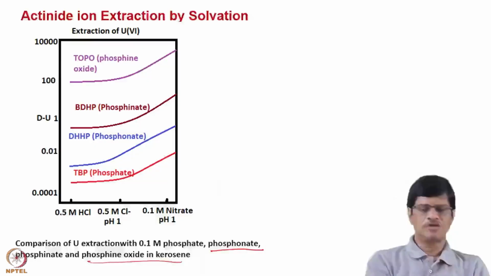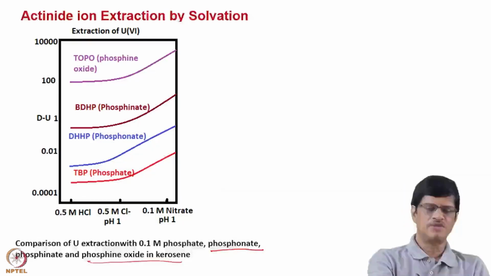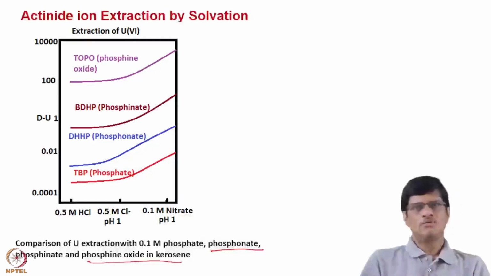But we are also studying these extraction studies at a much lower concentration of nitrate, that is 0.1 molar nitrate. That is why the extraction of uranium is very low with nitrate and TBP.